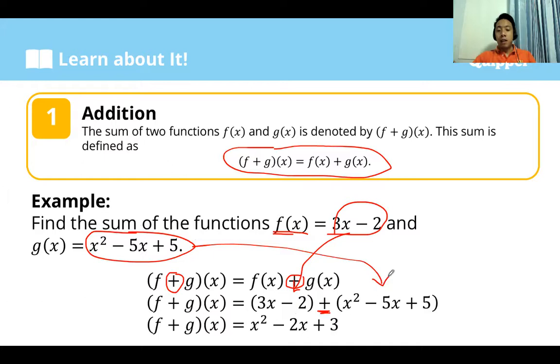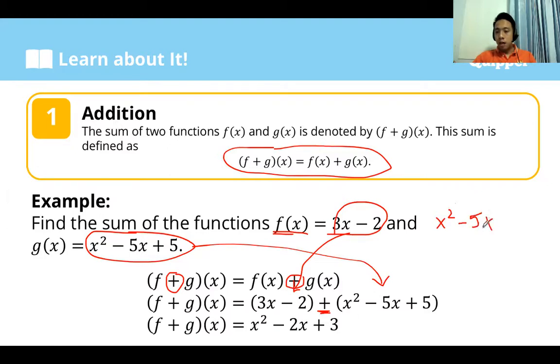Okay, and then we will now solve for this. How can we solve for this? We need to combine like terms. So how do we combine like terms? I will give you two options. You can solve just like this. This is the first option.